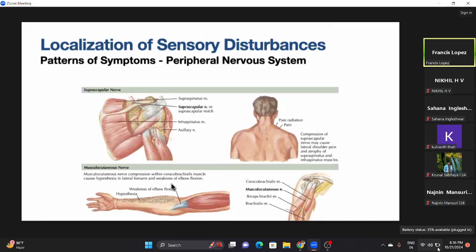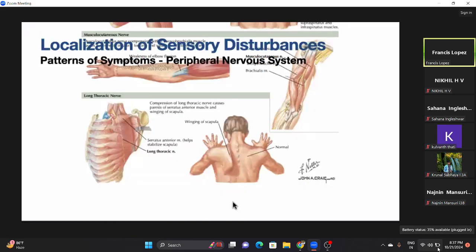For the musculocutaneous nerve naman, this will be the area of hypesthesia or numbness, and there will be weakness of elbow flexion. So this one naman is for the long thoracic nerve. The long thoracic nerve is really a muscular motor nerve, not really that of a sensory nerve.